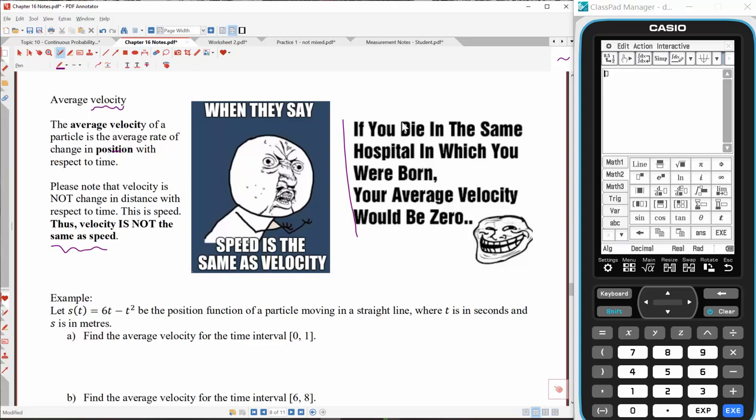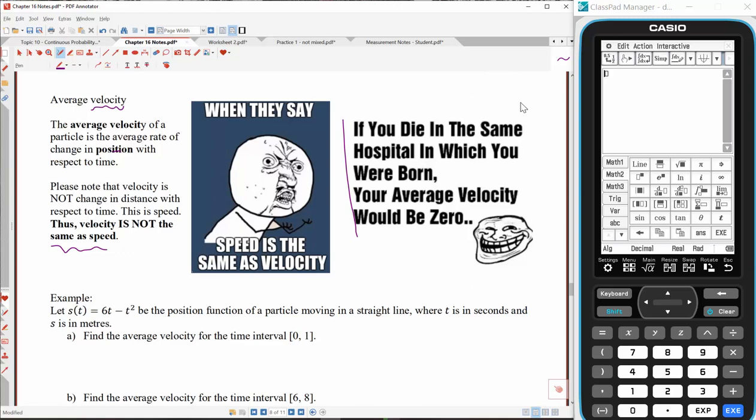It's a bit morbid, but if you die in the same hospital in which you were born, your average velocity would be 0. Over the term of your life, you've been born, and then you go do all your stuff, you go around the world, your change in position relative to time is big, you travel to somewhere in Victoria perhaps, and then come back home.